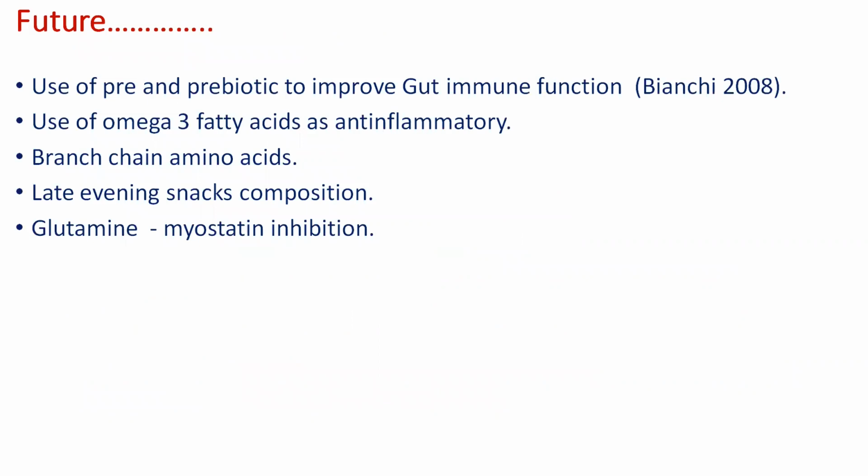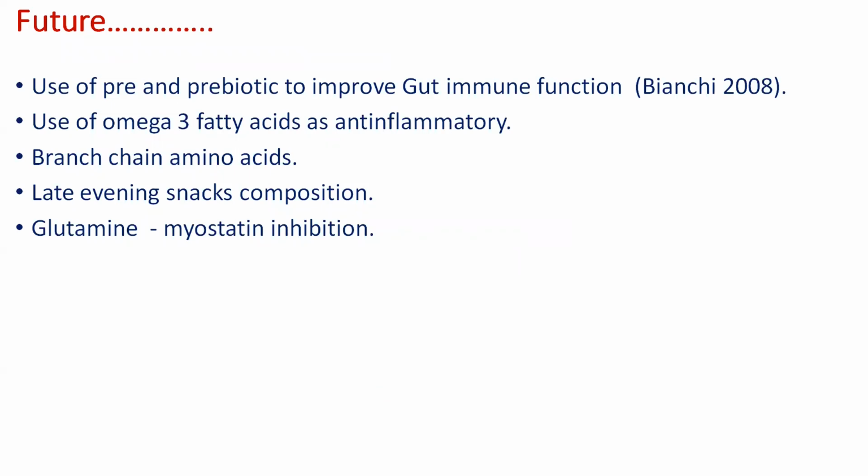So for decompensated cirrhosis, being a dietitian, we calculate carbohydrate, protein, fats, and some of these macro and micronutrients. Again, I am going to focus on pre and probiotics to improve gut immune function. If the gut is happy, the body is happy, the patient is happy.